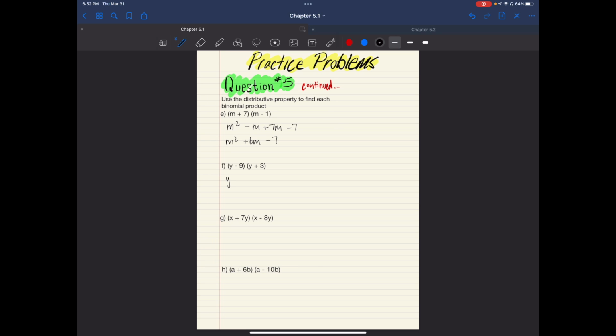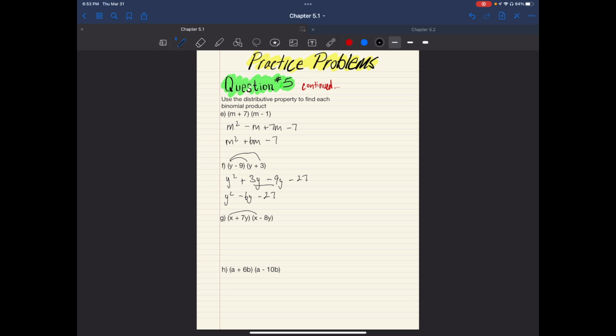Okay, y squared, then we have plus 3y minus 9y, and then minus 27. Right, so collecting like terms, y squared minus 6y, the difference between 3 and negative 9, minus 27.